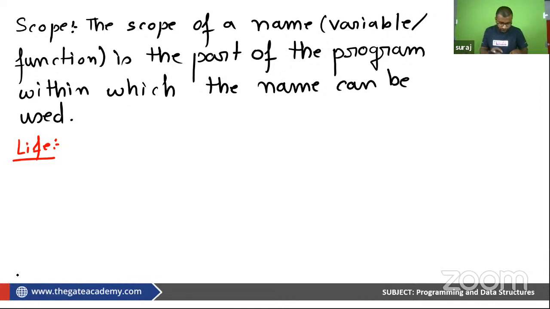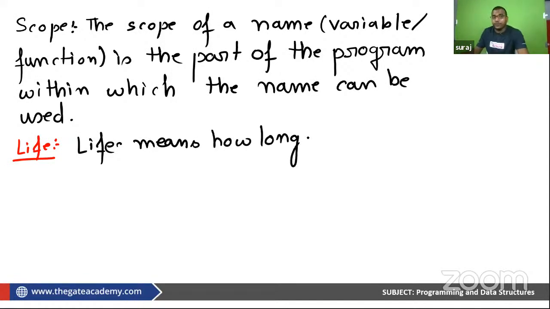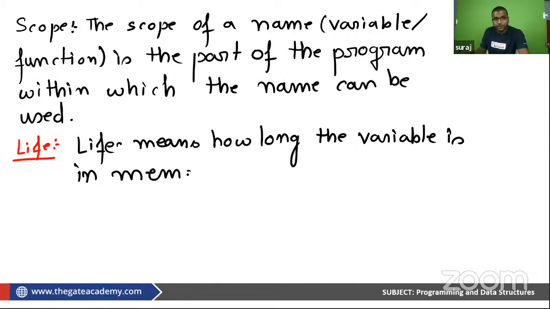Life means how long the variable or the function is alive. Or you can write how long the variable is in the memory in the system. Understood? So life is the same as what we human beings have.